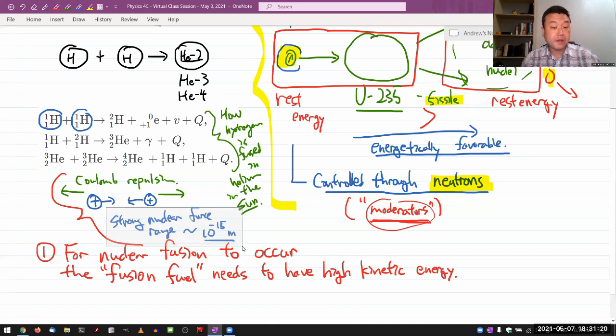As they come close to each other, they're going to slow down. For them to come close enough before they are turned around and repelled back, they have to start out with a high enough kinetic energy so that before the classical turning point, they are close enough so that fusion can occur. And if you are looking at each individual microscopic interaction, it is high kinetic energy, or from the macroscopic perspective, you would say they need to have high temperature. So that's one of the conditions that is needed.